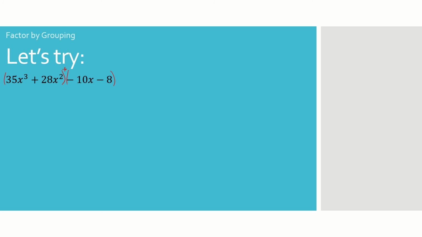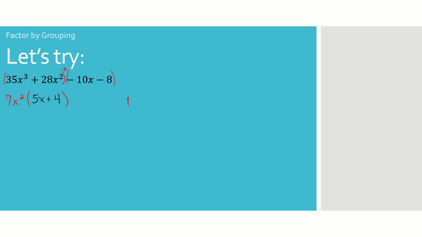Then I find a GCF of my first group. The GCF of that is going to be 7x squared. And then I factor that out of the first group, leaving me with 5x plus 4.